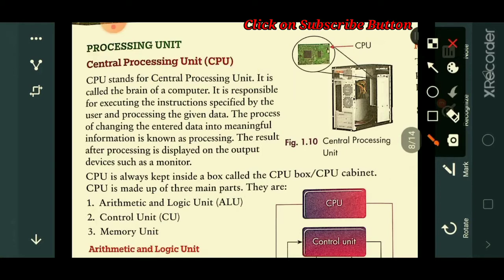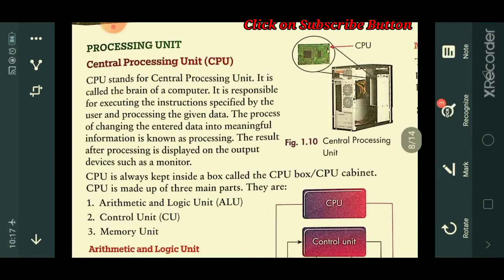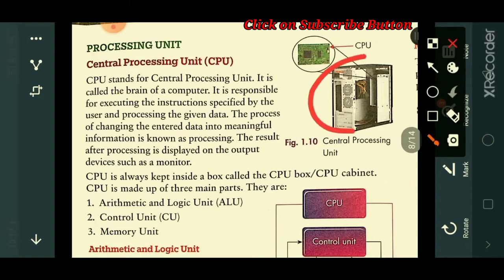CPU is also known as the brain of our computer because it is responsible for executing the instructions specified by the user and processing the given data.